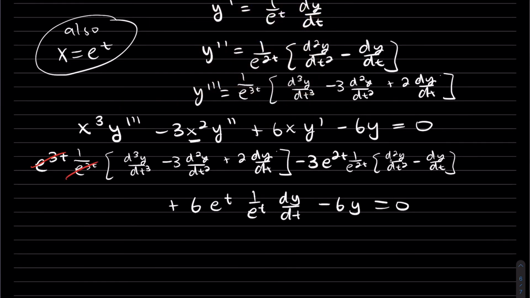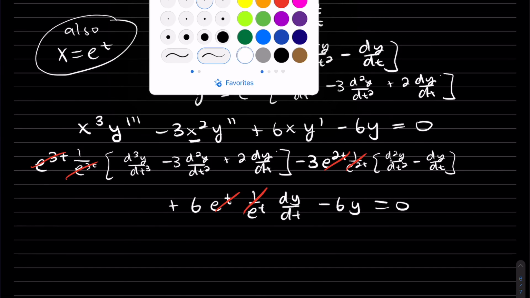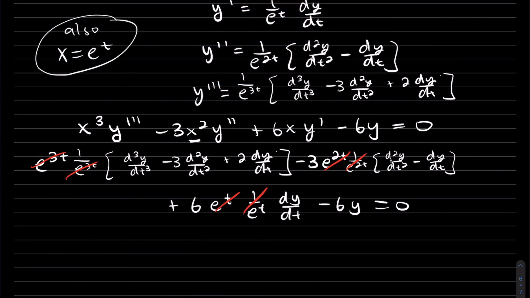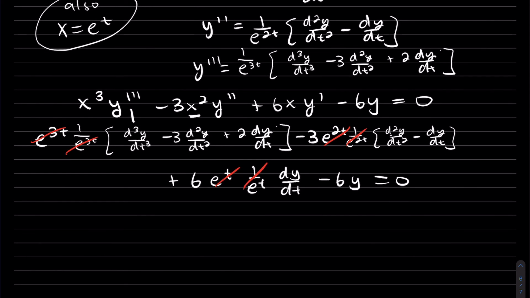Okay, let's simplify. These will cancel conveniently. These will cancel. And I'm also going to change notation. Use that notation. But it will be in terms of t now. Don't forget.